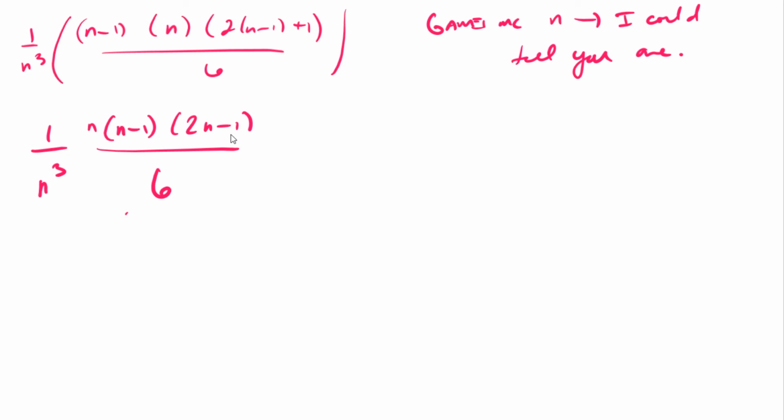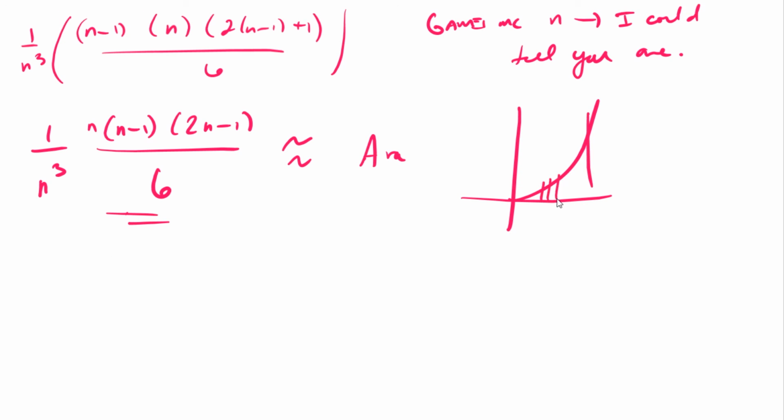Okay, so the more rectangles you give me, the larger n gets, the more accurate this gets. So this is approximately equal to the area that we were studying originally. If you tell me n, I could figure out what that area is approximately.